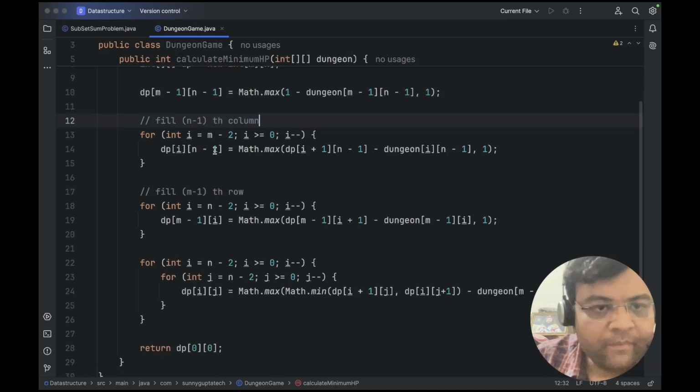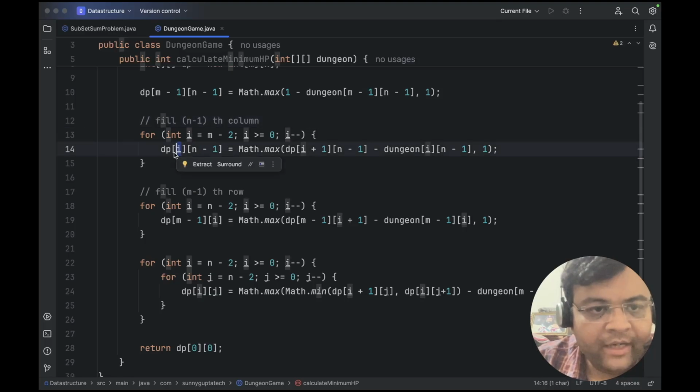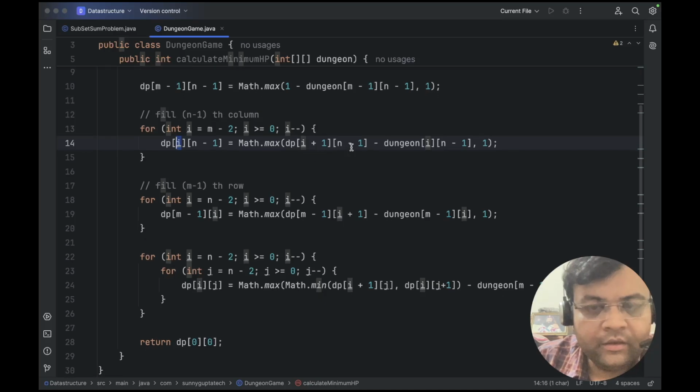So column is n minus 1. Rows we need to vary from 0 to m minus 2, right? Or maybe m minus 2 to 0. Since the m minus 1th row we have already filled, so m minus 1. This column would be same for every one, and I'll check the same column value.